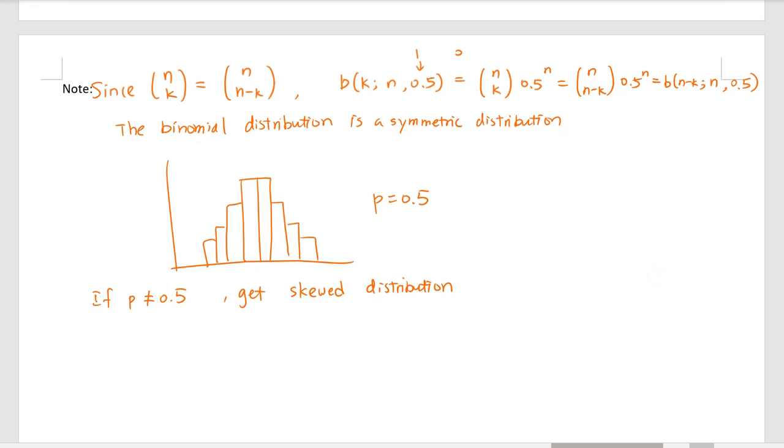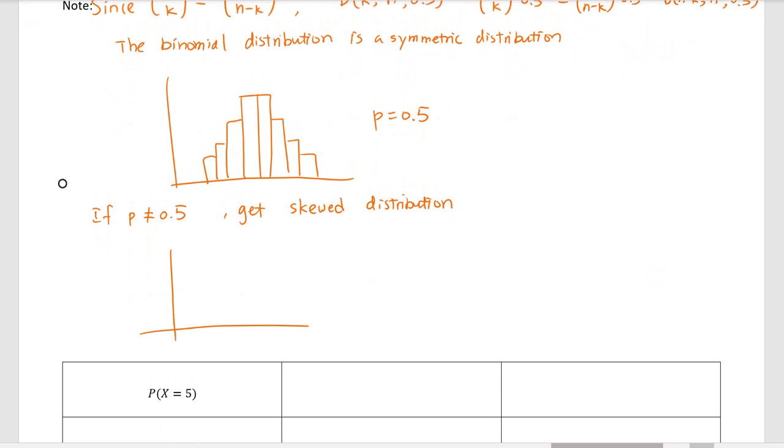Okay, so here let me draw you two pictures. So this is a picture when p equals 0.2. So you can kind of see p is 0.2, so the probability of success is small. So that's why the number of successes is small. So that's why the distribution skews close to the smaller numbers, right?